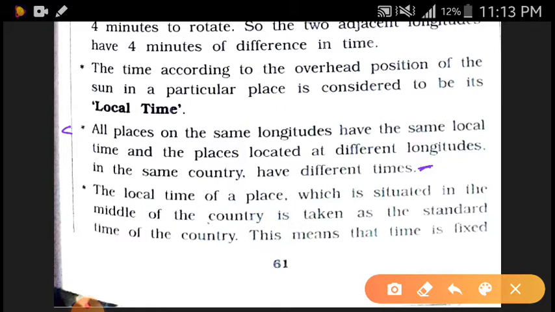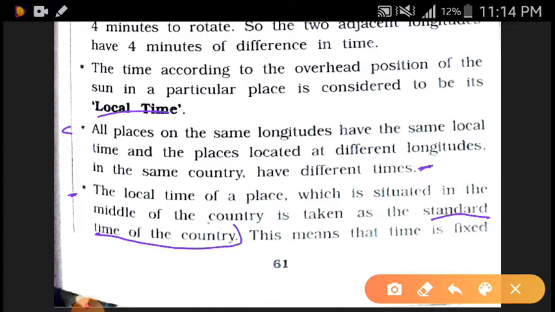Now let us see the next point. The local time of a place which is situated in the middle of the country is taken as the standard time of that country. We have seen local time. Now standard time.